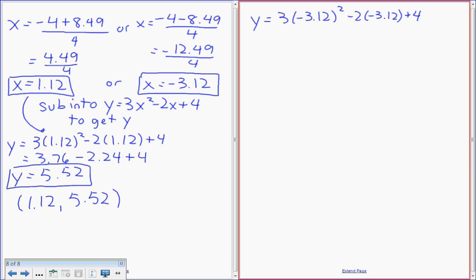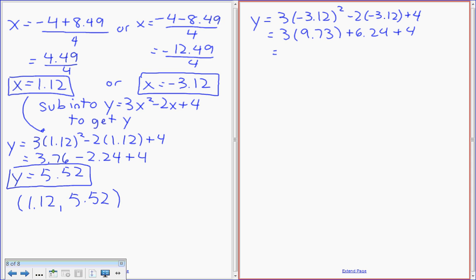Okay, what I'd like you to do is hit pause, and then Luke is going to give us the answer once the video is over, or once the pause is over, okay? So take a second, Luke's going to give us the answer. All right, Luke, what is 3.12 squared? Okay, good, 9.73. 2 times 3.12 is plus 6.24 plus 4.